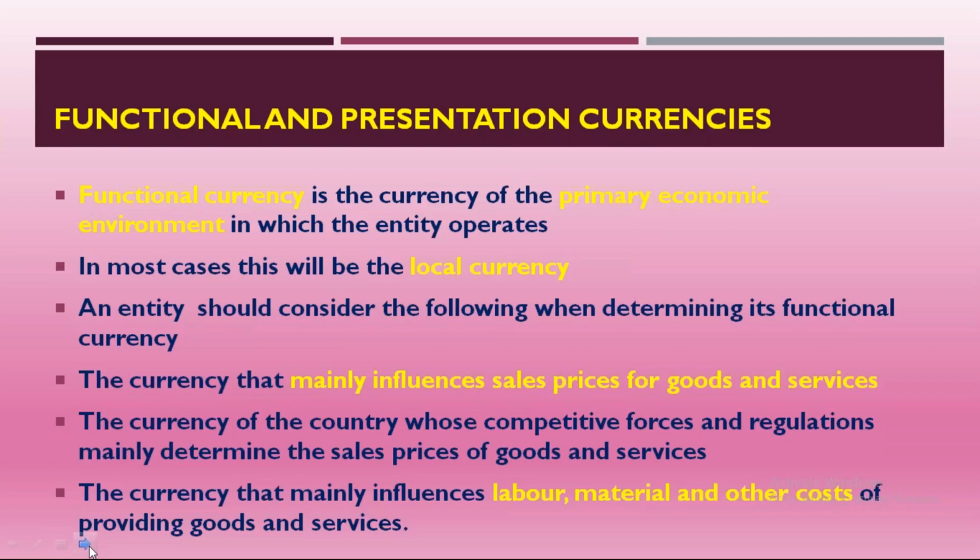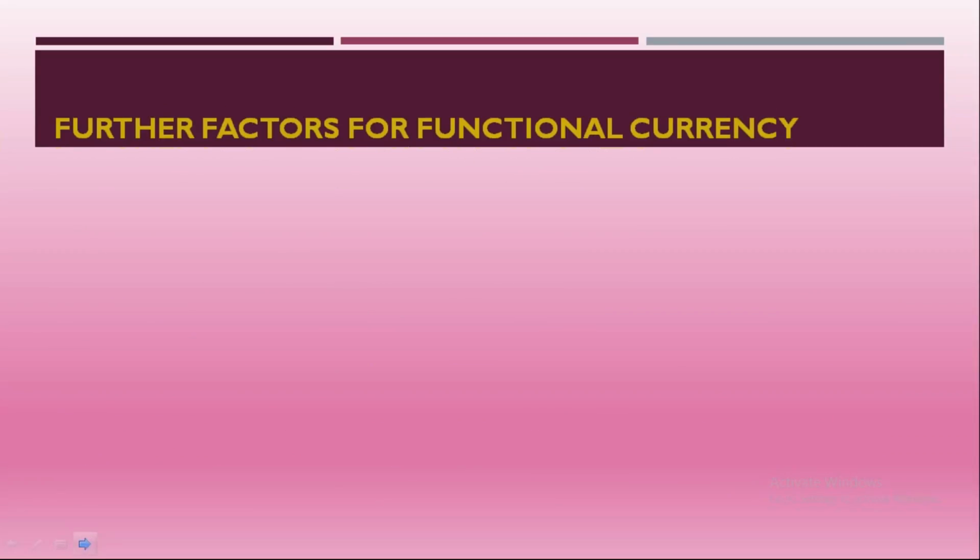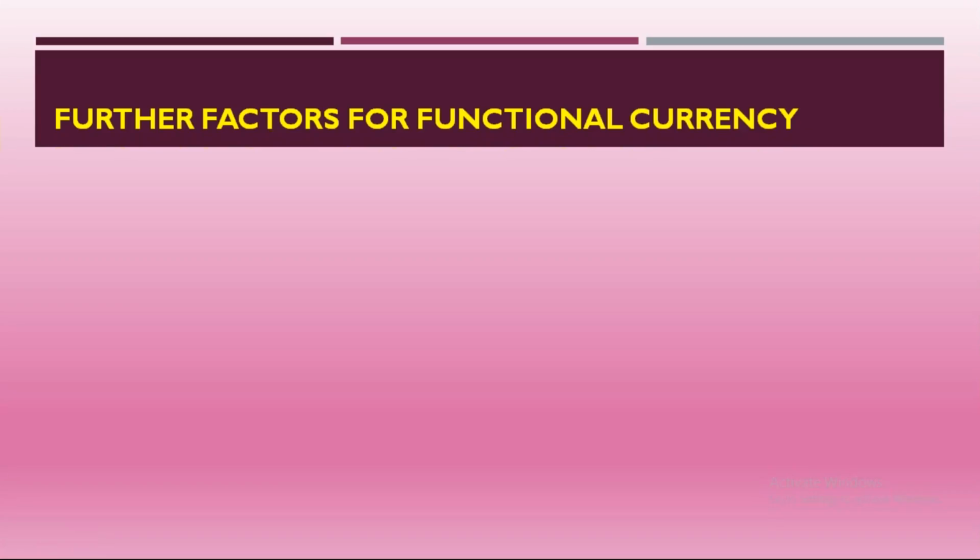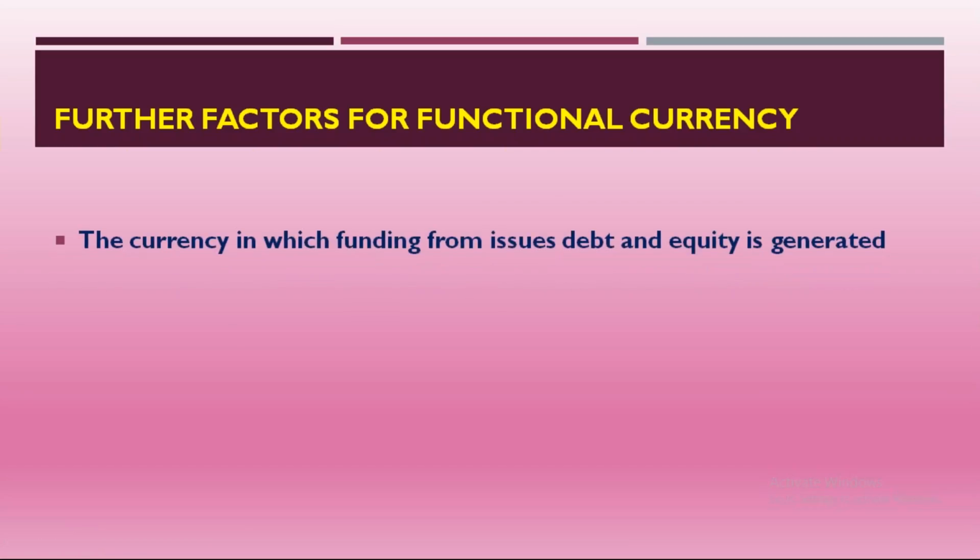Based on these guidelines, you have to make certain decisions. If even with these criteria you can't arrive at a solution, you go for further factors. The currency in which funding from issues of debt and equity is generated. When you issue equity and loans, in which currency do you get money?